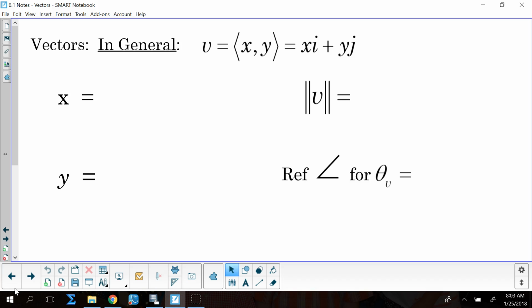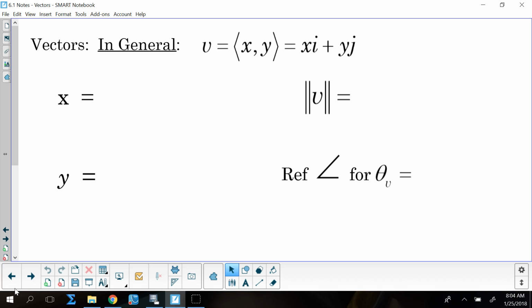Okay, so in general, yesterday you learned that we can write a vector in component form. Component form has the, what did we call them yesterday, duckbills? Or we can write it as a linear combination of i and j, that's xi plus yj.